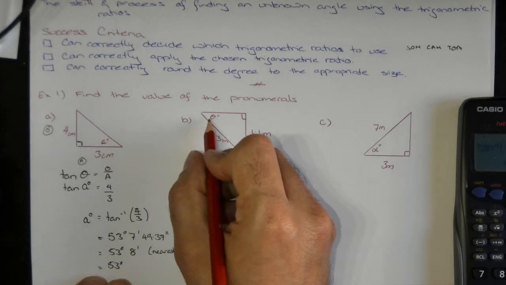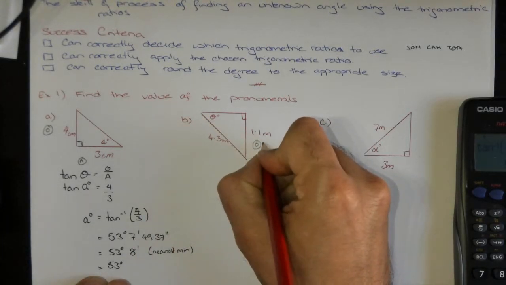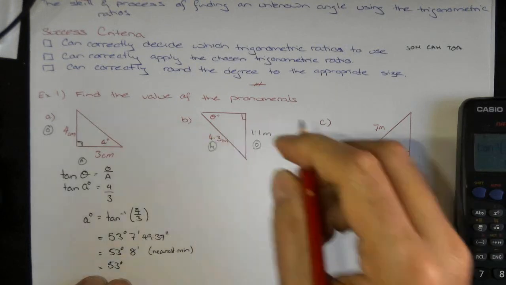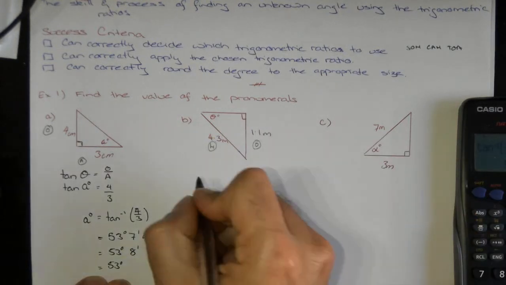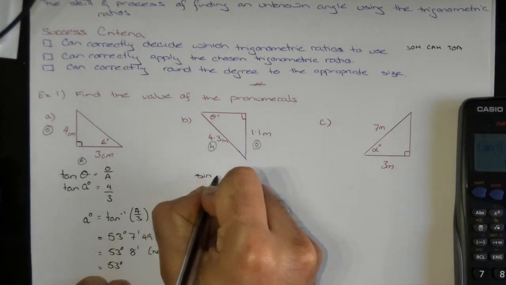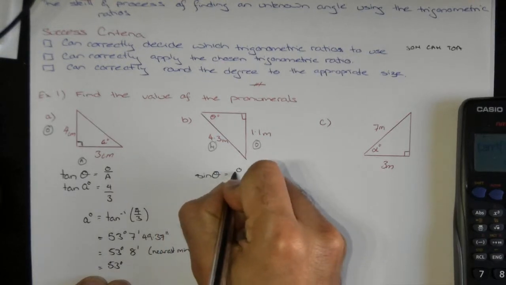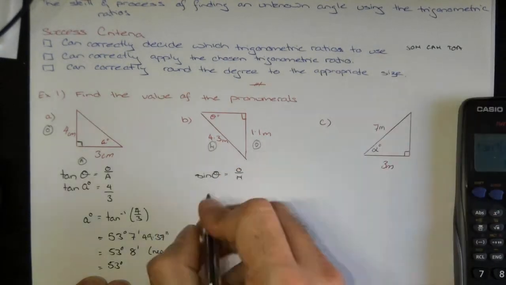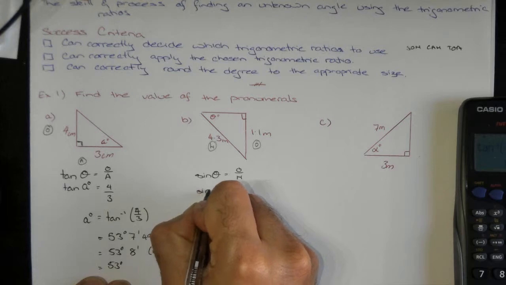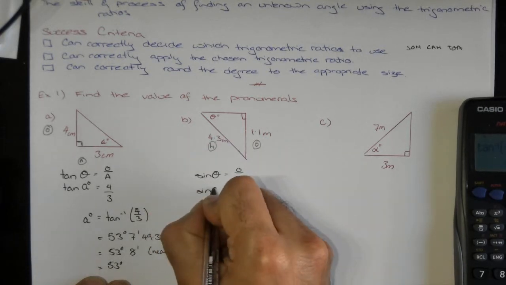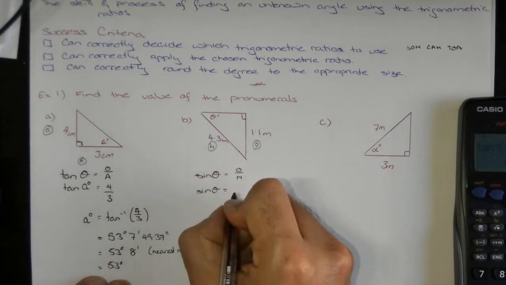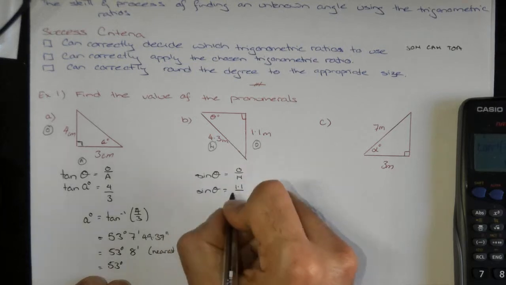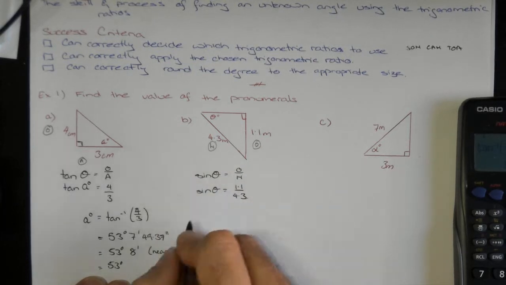There's my angle, I have my opposite, and I have my hypotenuse. So I have sine. So sine theta is O over H. Theta in this case is still theta. My opposite is 1.1. My hypotenuse is 4.3.